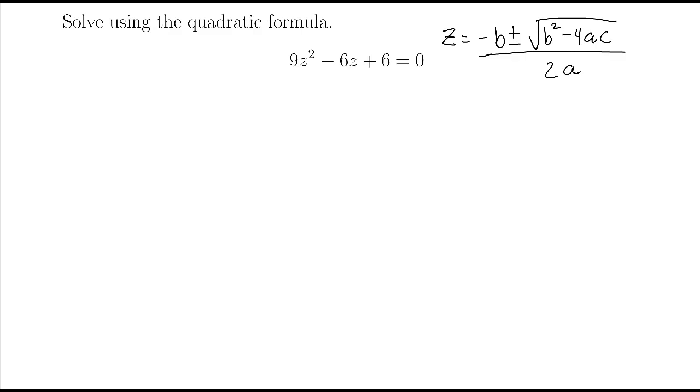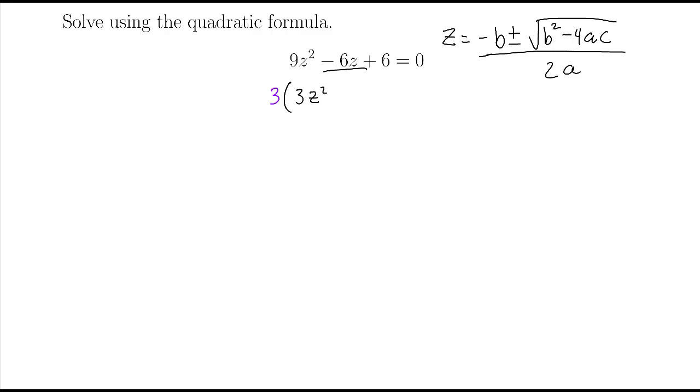Okay, so now I need to identify a, b, and c. Before I do that, though, I'm just looking at this expression right here. 9, 6, and 6. They're all divisible by 3. I'm going to go ahead and factor out a common factor of 3, just so I can make this a little bit easier. If I divide this by 3, I'm left with 3z squared.